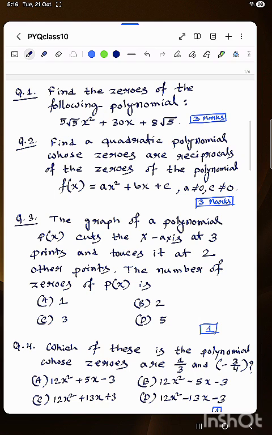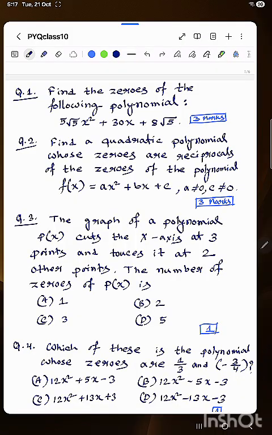The second question is: find the quadratic polynomial whose zeros are reciprocal of the zeros of the polynomial f(x) equals ax square plus bx plus c, right? So we have a quadratic polynomial given, but we have to find a quadratic polynomial whose zeros are reciprocal of this polynomial's zeros.